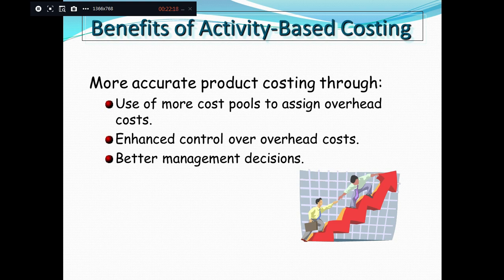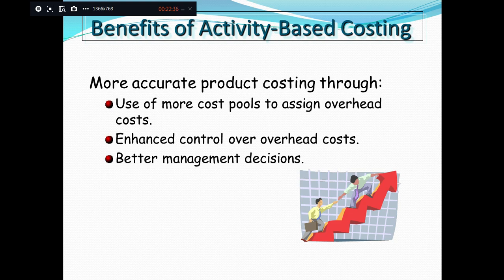The other is to enhance the control over overhead costs. In order to control overhead costs for each activity, it's best to use the activity-based costing system. It's also better for management decisions, so you should use the activity-based costing system rather than the traditional costing system. There are also limitations, as everything has its own advantages and disadvantages.